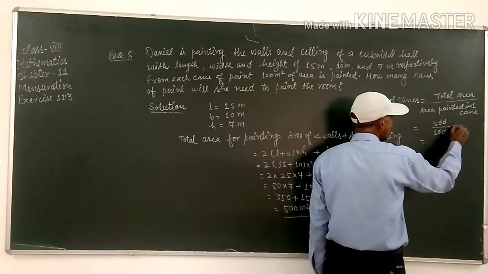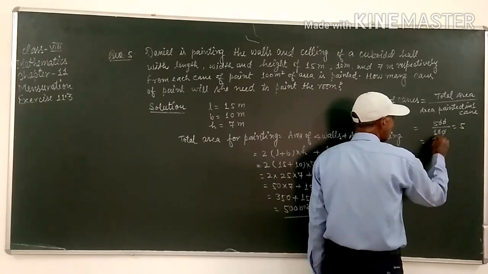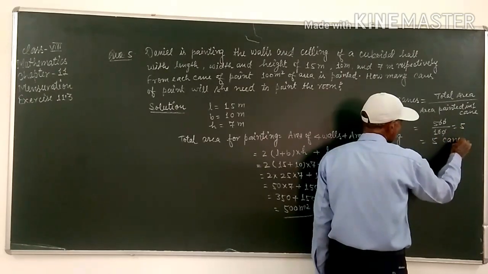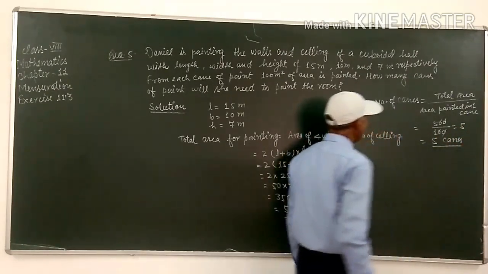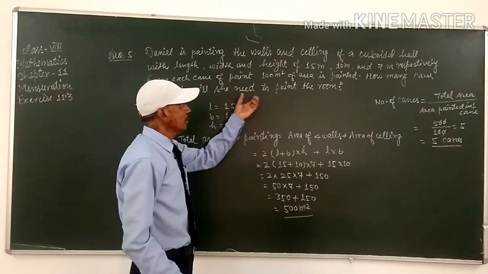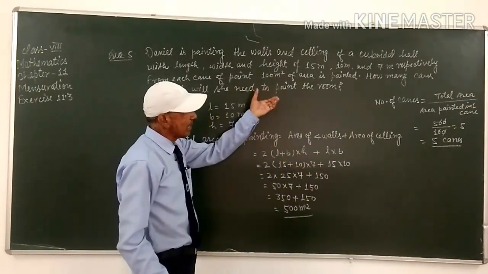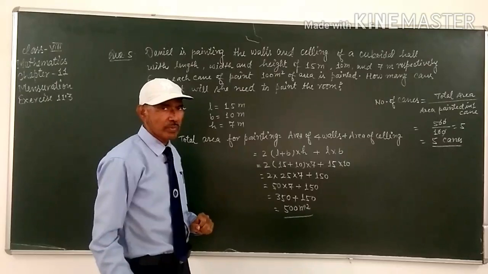So this is 5. So 5 cans are needed to paint the total area of the room.